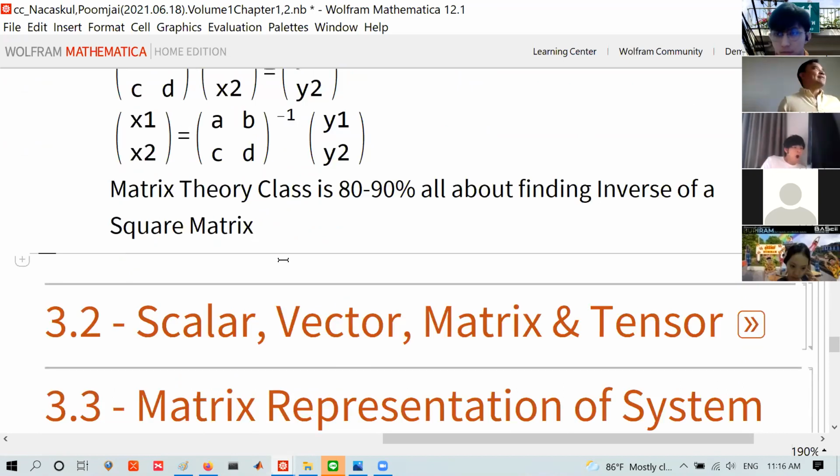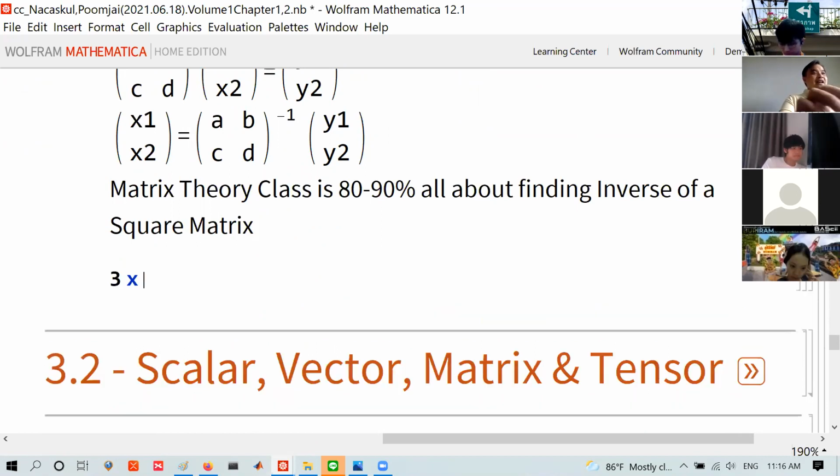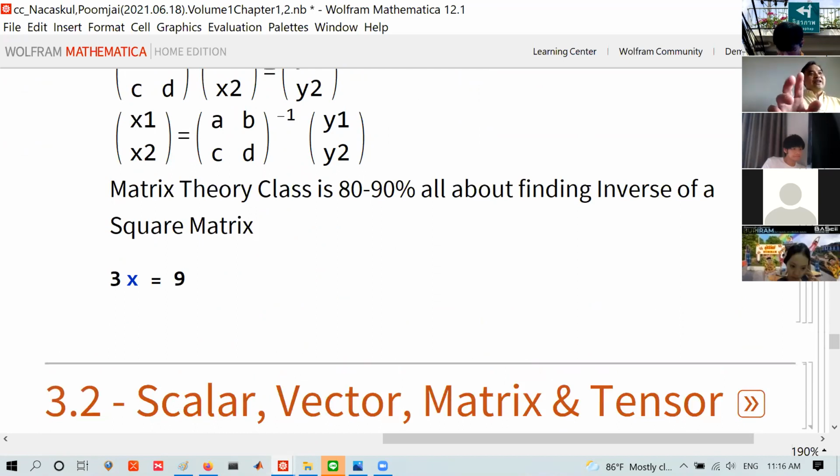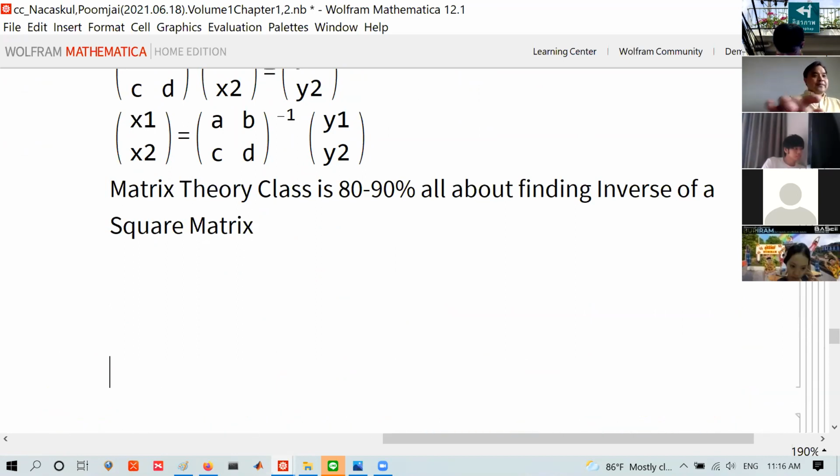Remember, you used to have something like 3x is equal to 9, right? So x is equal to 3. Now, you also have something called a system of equations, right? You remember this?